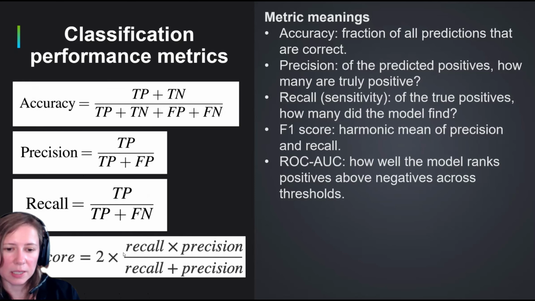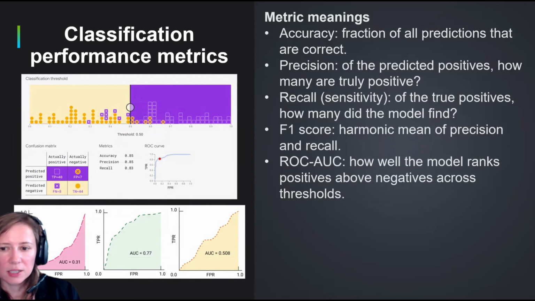It penalizes class imbalance much better than the traditional accuracy value. And we also have the receiver operating characteristic curve area under the curve, which is another metric that tells you how well the model ranks positives above negatives across different thresholds.